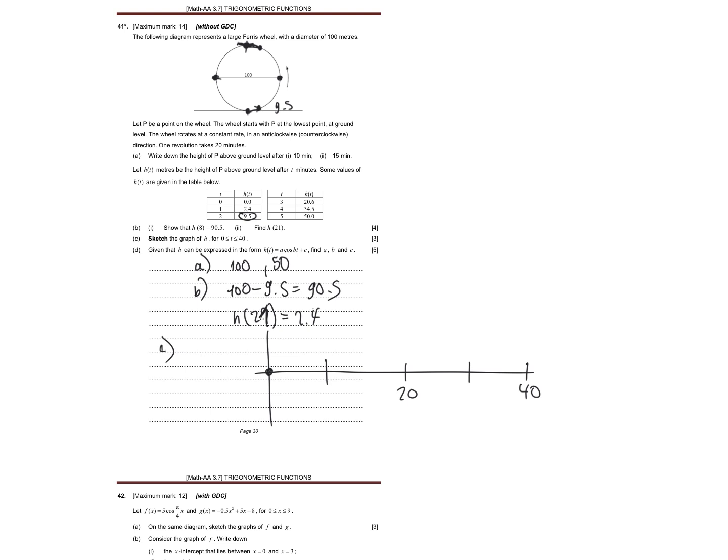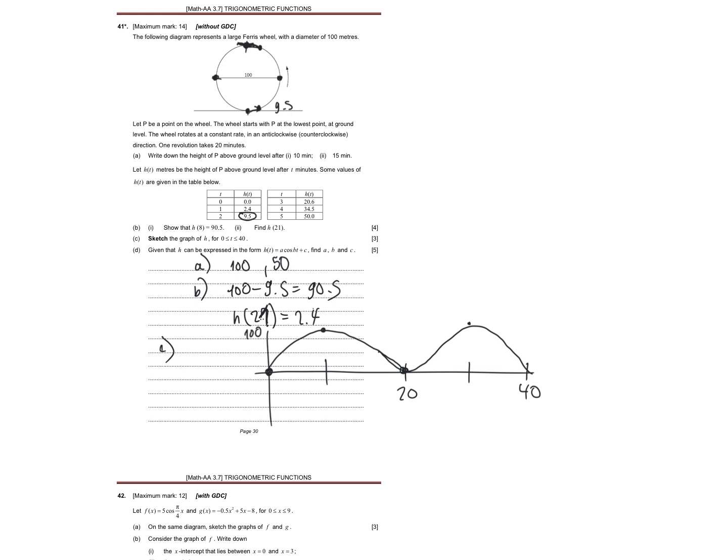At 10, oh wait, no. At 10, we're at 100. 20, we're back at 0. At 30, we're back here. Something like that. Not great.